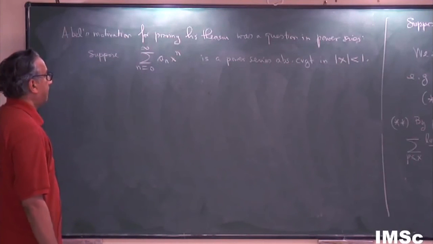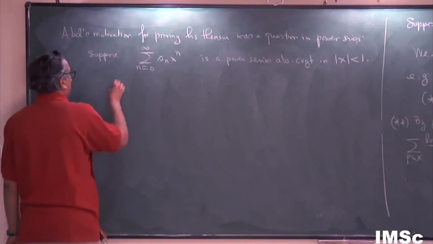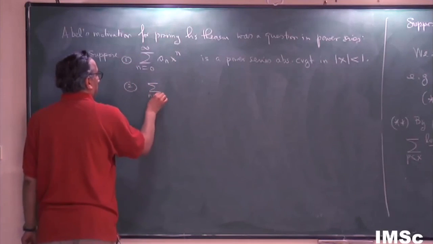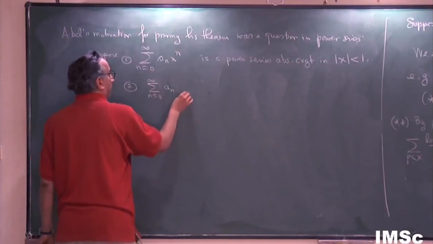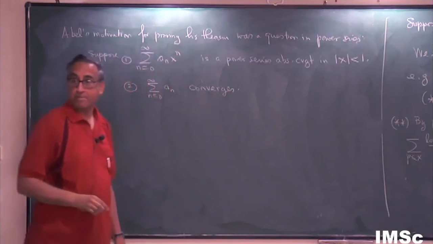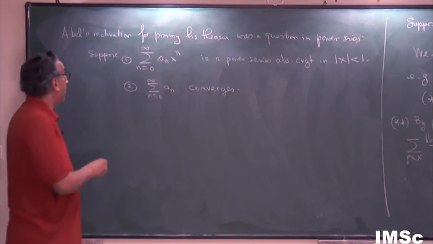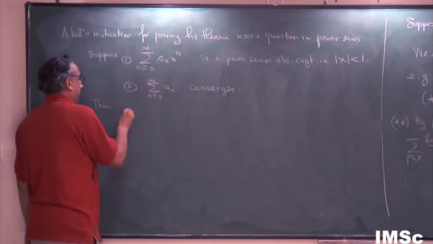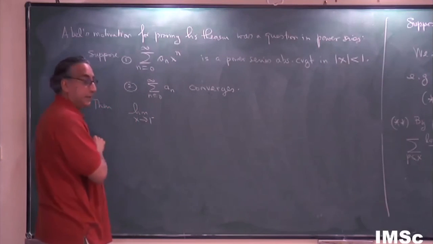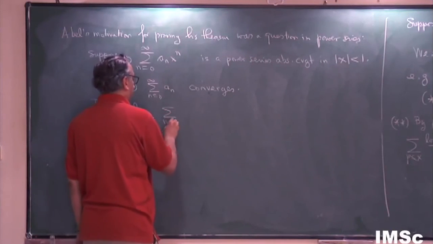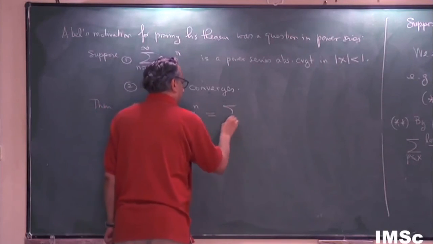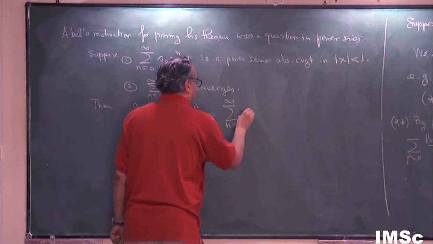Okay. Suppose that summation n equals 0 to infinity, an converges. Okay. Then his theorem is: the limit as x goes to 1 from inside the disk of summation n from 0 to infinity, an x to the n, equals the summation of an.